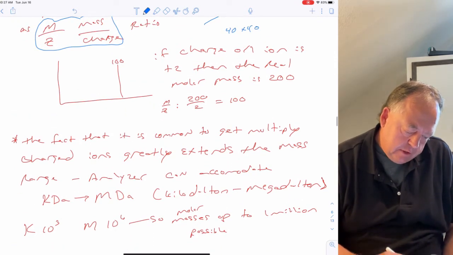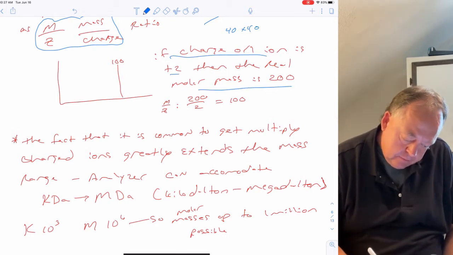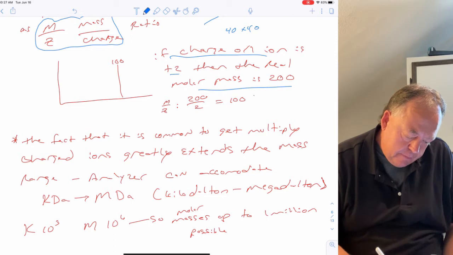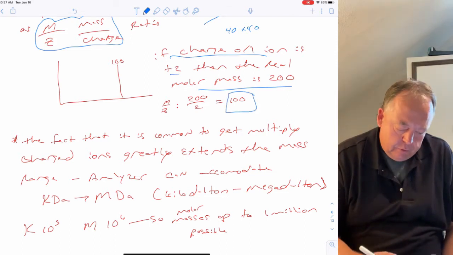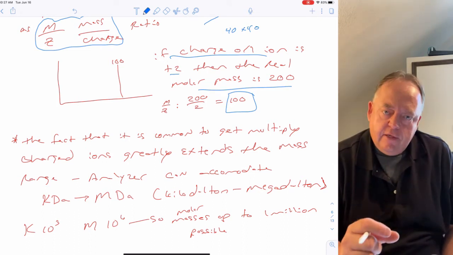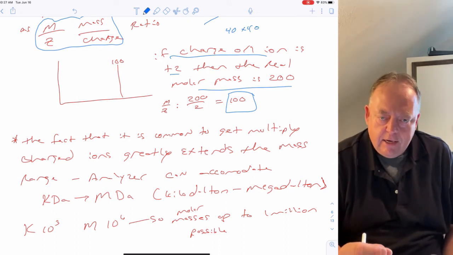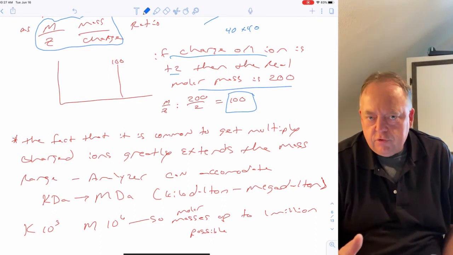All right, so if the charge on the ion is +2, and you had a molar mass of 200, then the peak that you would see in the mass spec is 100, right? But if you can figure out that that is really a +2 charged ion, then its mass is not 100, it's really 200.